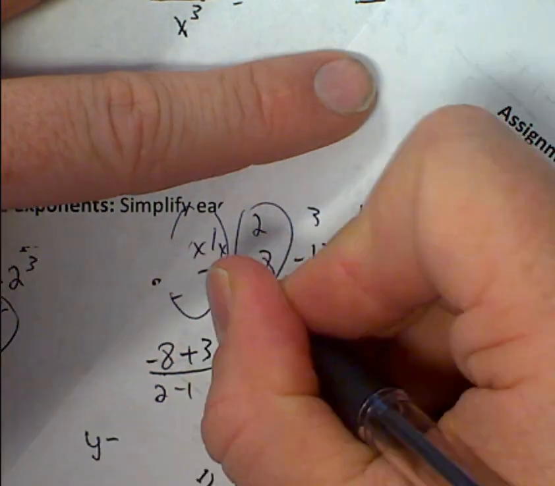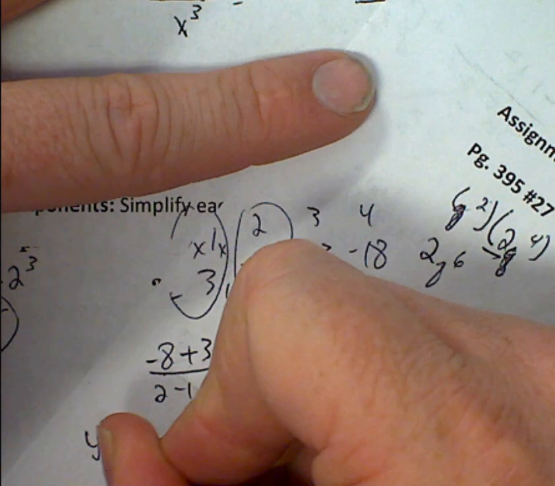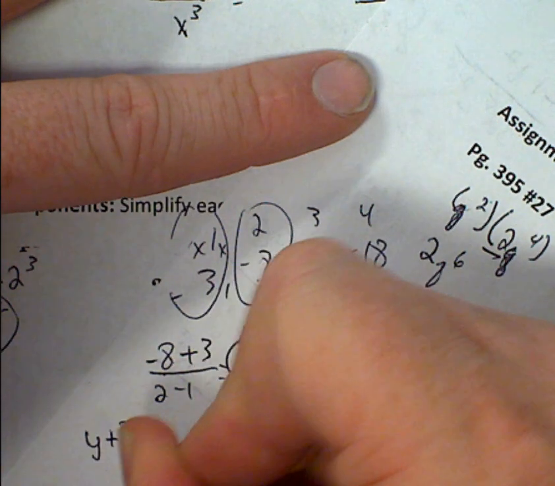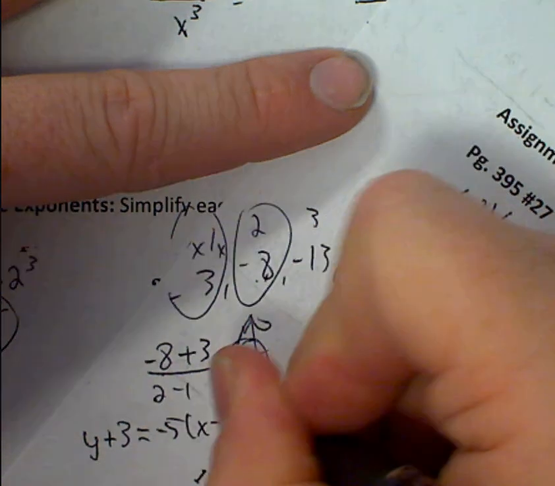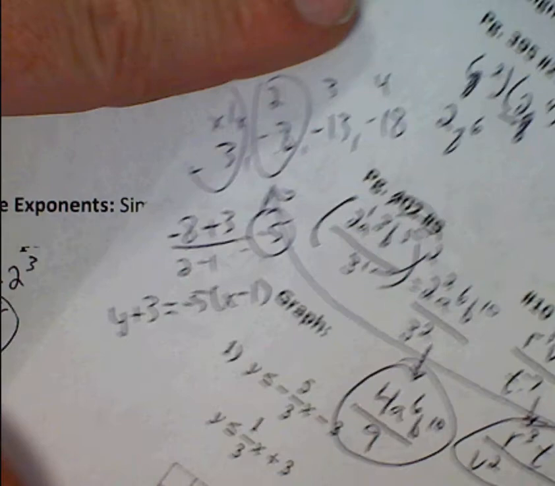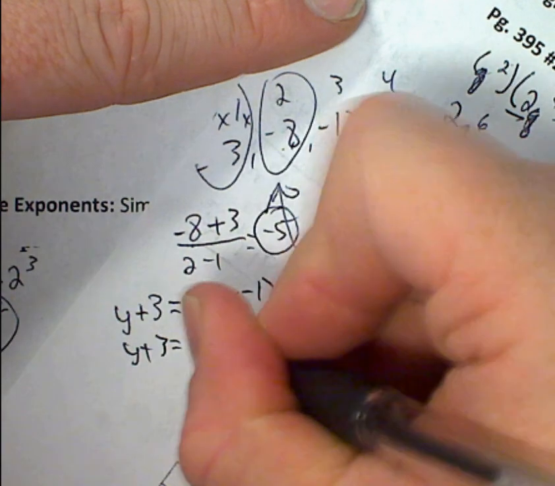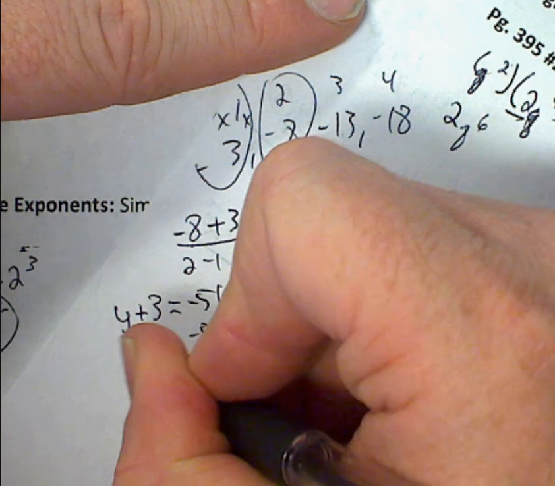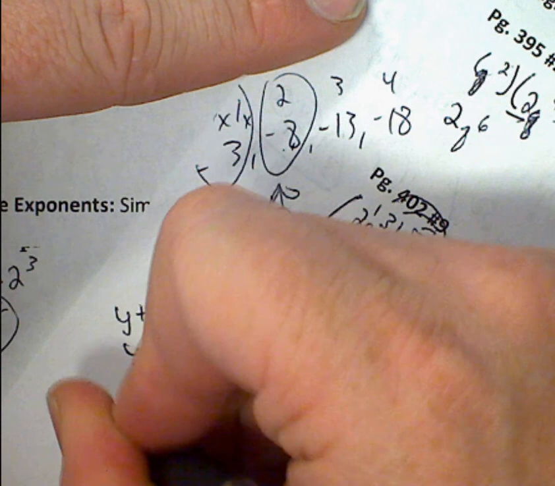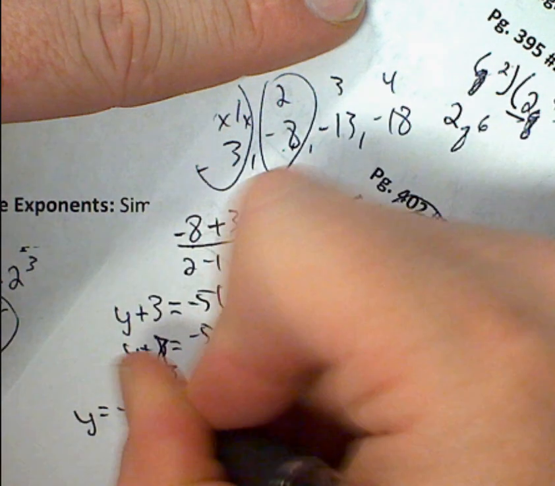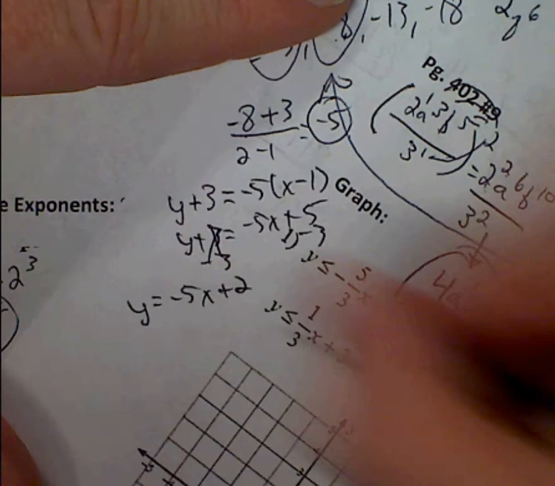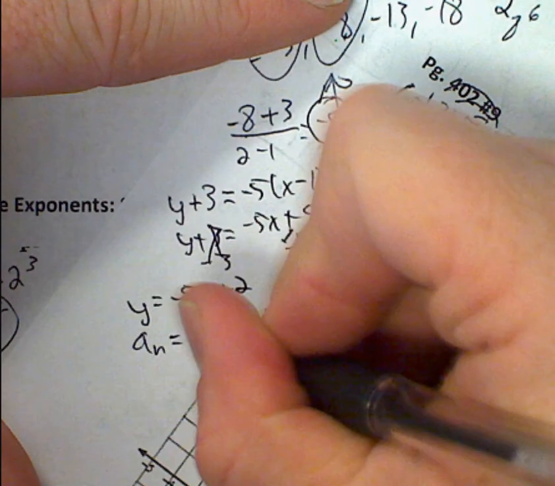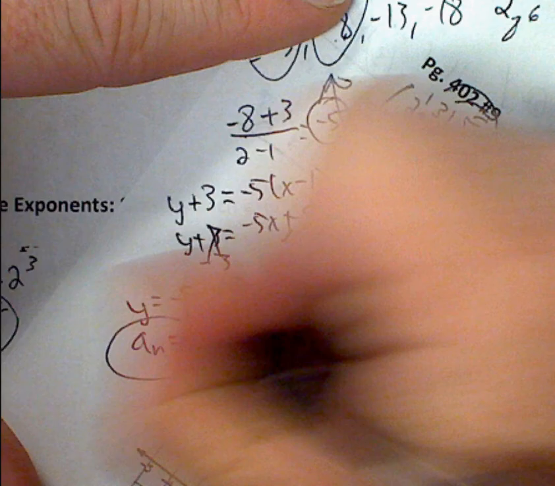So y minus y1 is plus, so -3, so that's +3. -5 times x minus x1, which is 1. y plus 3 equals -5x plus 5, minus 3 minus 3, y equals -5x plus 2. Now I need this as an nth term, so I would say a sub n equals -5n plus 2. And I am done.